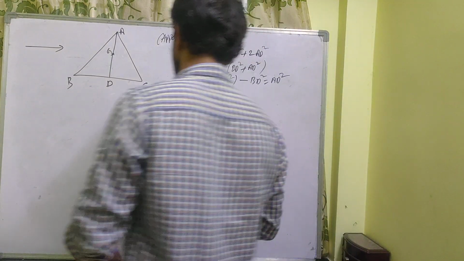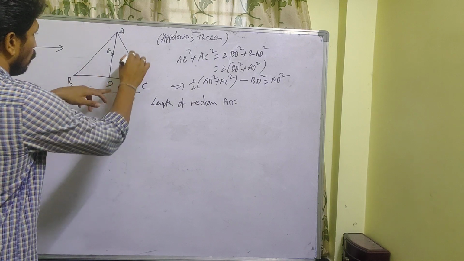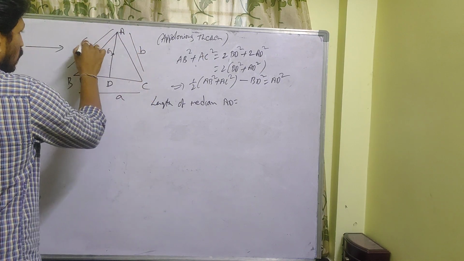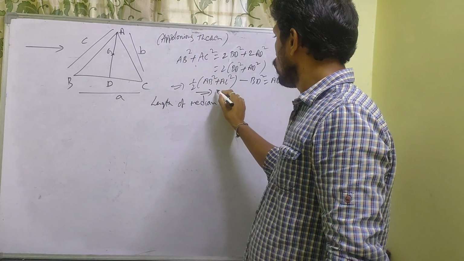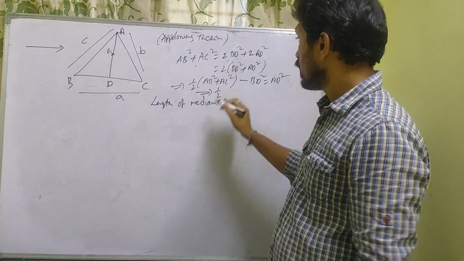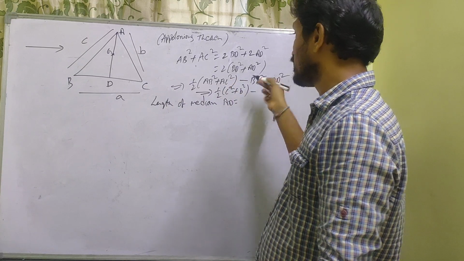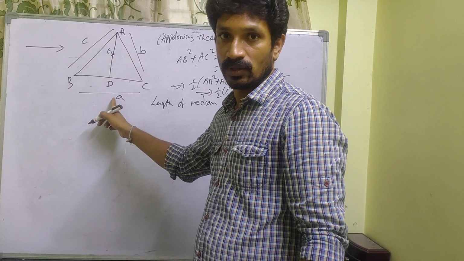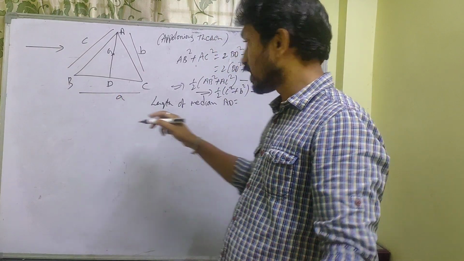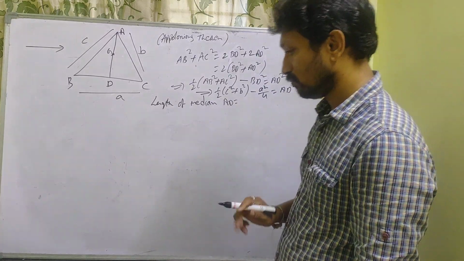For our convenience, if you take BC length as a, opposite to A is a, B opposite is b, C opposite is c, then what can you write here? This implies 1 by 2 into AB square means c square, AC square means b square, minus BD square, BD is nothing but half of a, so half of a whole square means a square by 4, is equal to AD square.